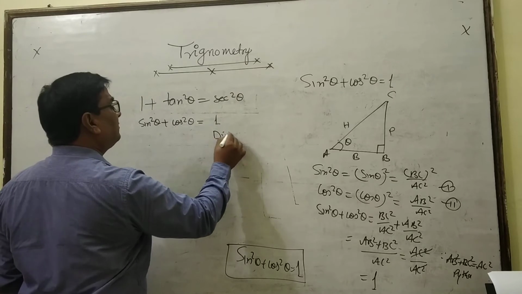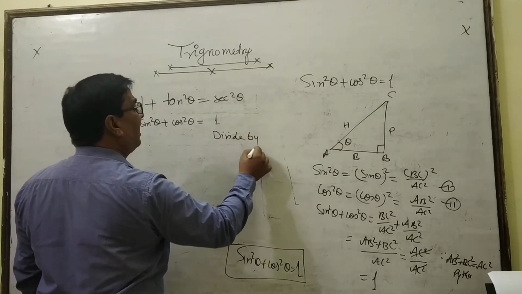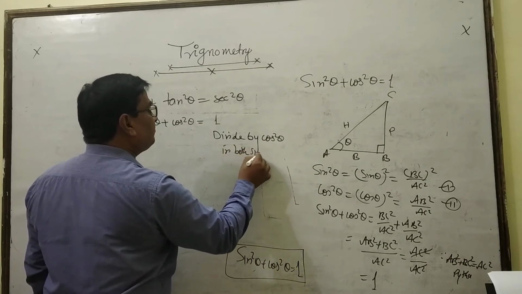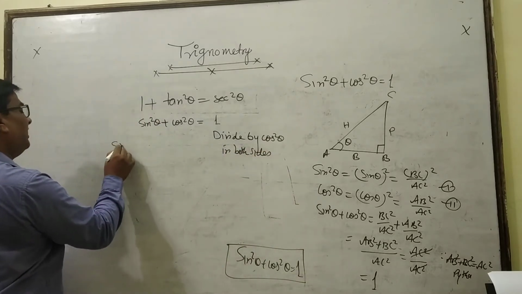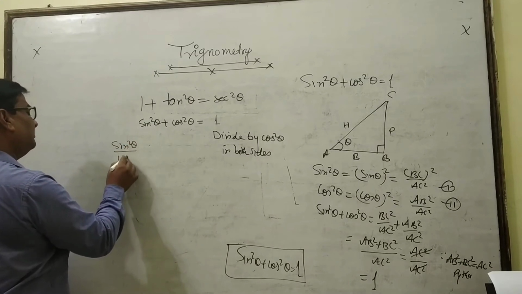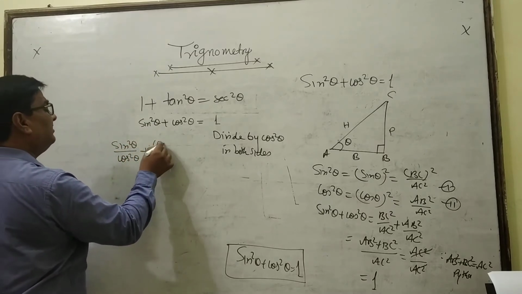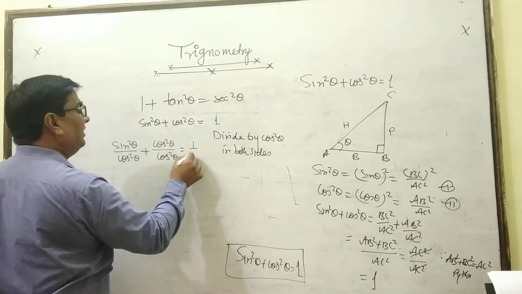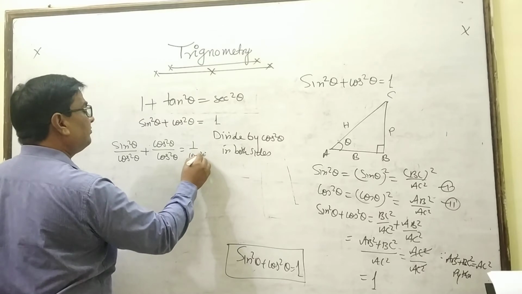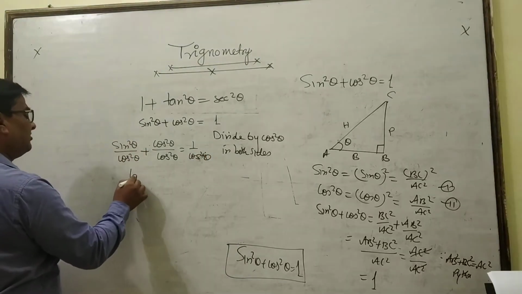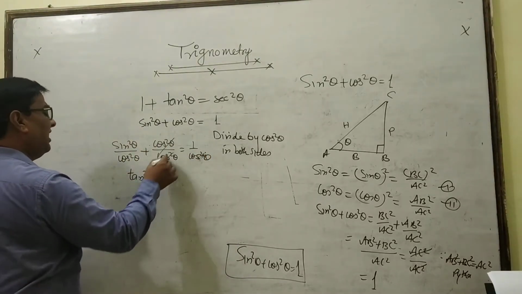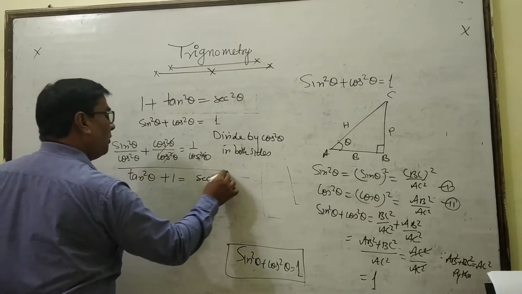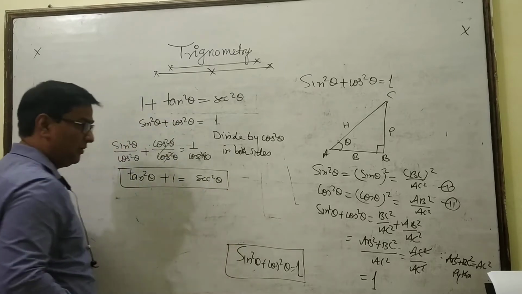Divide by cos square theta on both sides. Sine square theta upon cos square theta plus cos square theta upon cos square theta is 1 by cos square theta. Sine square theta upon cos square theta is tan square theta, so tan square theta plus 1 is equal to sec square theta.